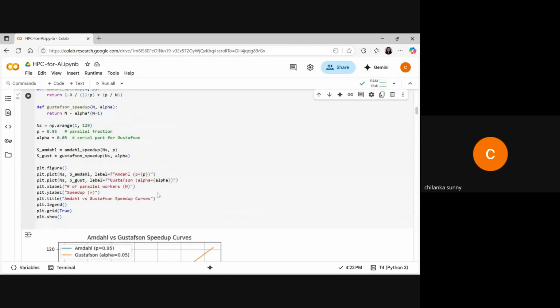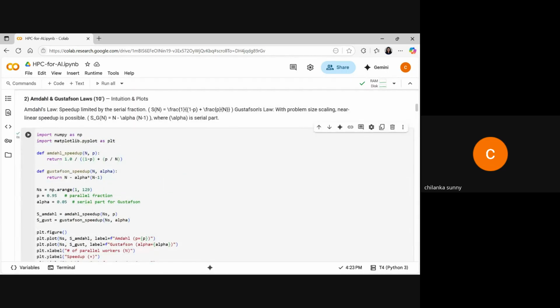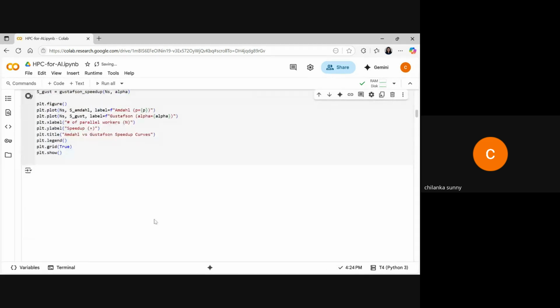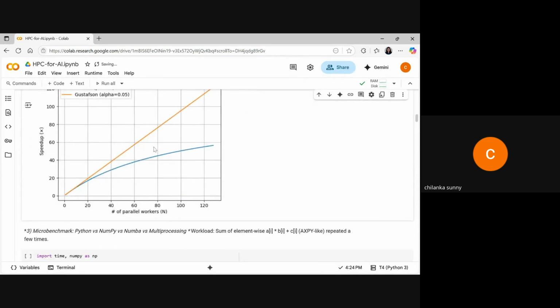But let's try increasing the parallel fraction of Amdahl's law. Let's make it 0.99. We'll see that it is going up, moving closer to linear, because now the serial fraction is minimized to 0.01.